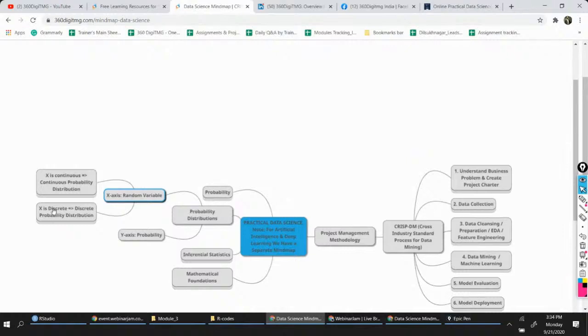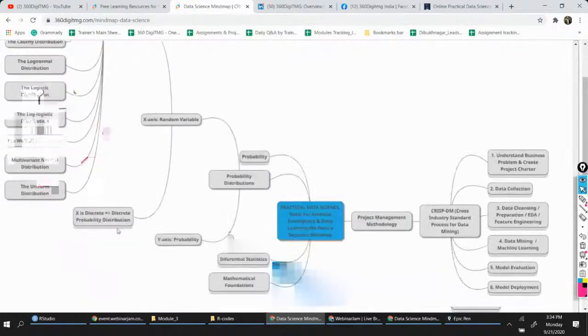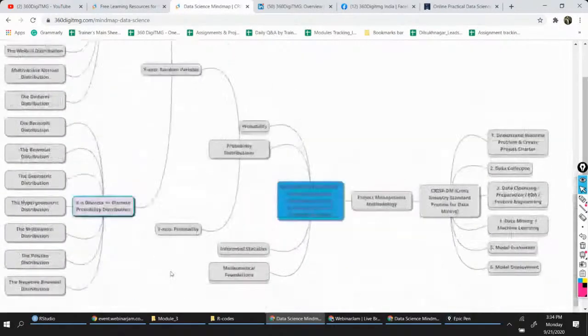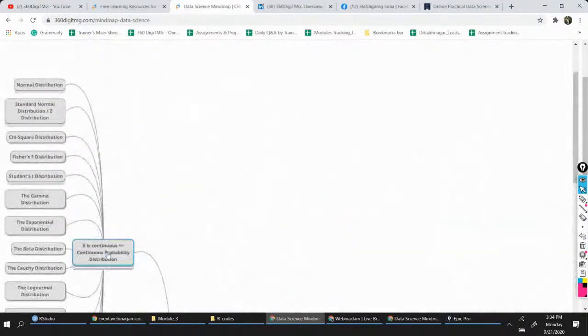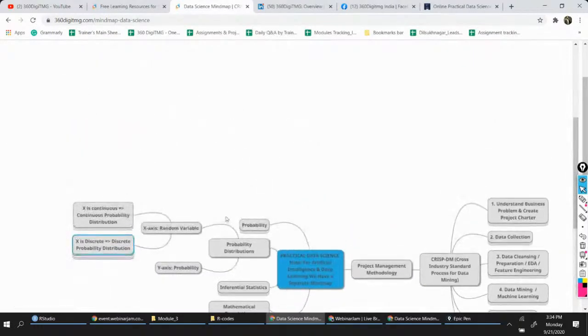And based on that data, we have continuous probability distribution and discrete probability distribution, right? Now, if you have discrete data, then coming up with a histogram or bar plot will clearly explain the probability distribution.